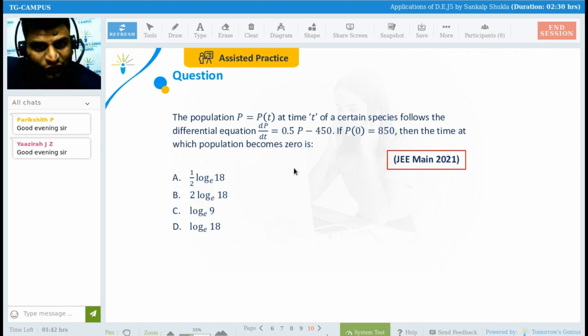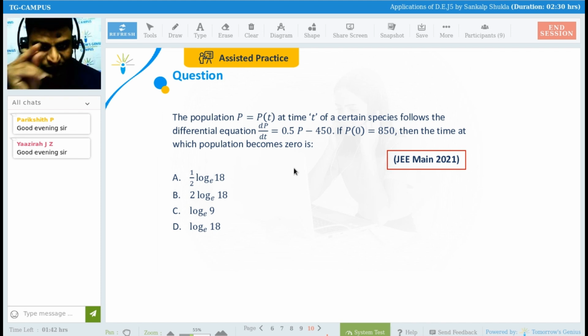So you need to know first of all what is P and what is T. The population P means P is the population, the number of species. And T is the time. There is no need to find the unit of that time, whether it is minutes, seconds, hours, days, years. It doesn't matter. But T is one quantity which reflects time, and P is one quantity which reflects population.